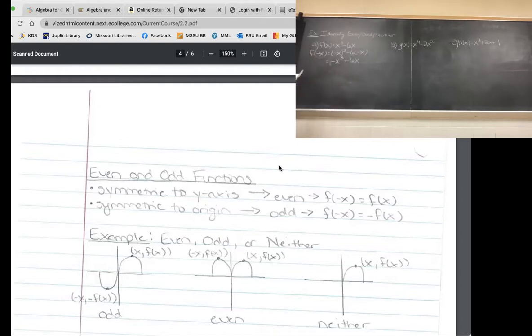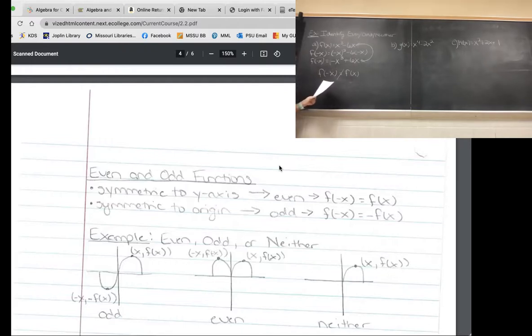So in this case, now we need to check, does my f of negative x equal my f of x? My f of negative x is this bottom. Is this the same as my original? No, it's not. And that's good.